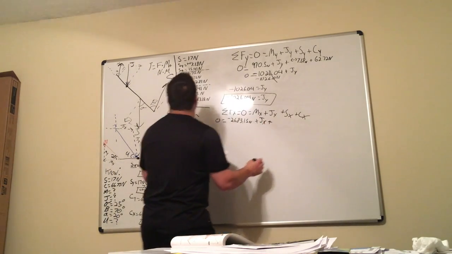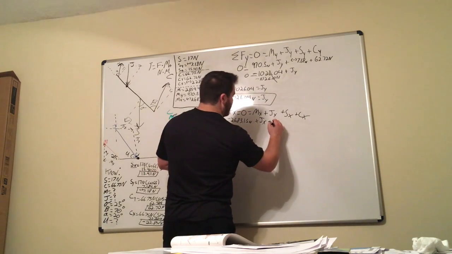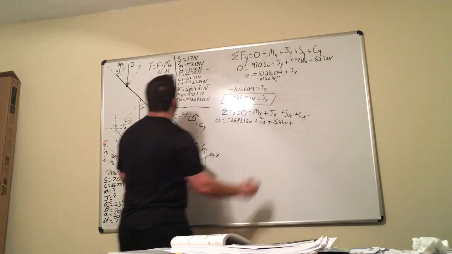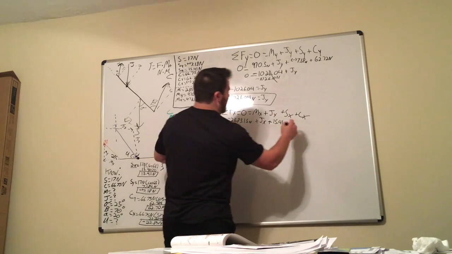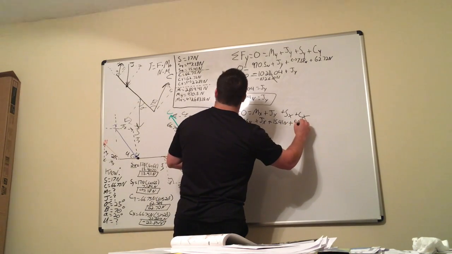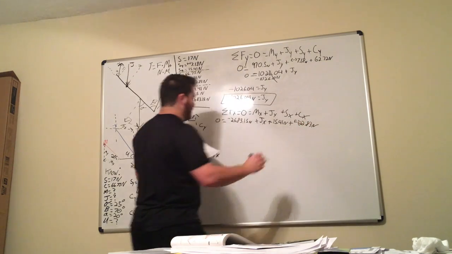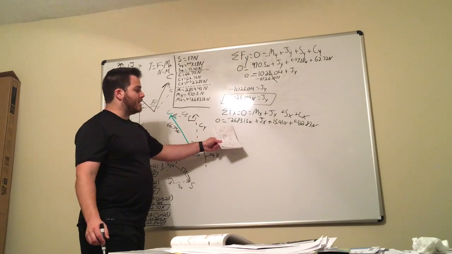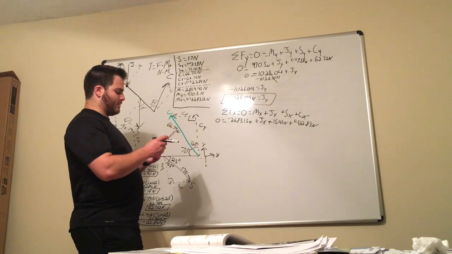Plus S of x, which is 15.41 newtons, and C of x is negative 22.83 newtons. So you add all these up, and remember you're adding a negative plus a positive plus a negative, just to make sure we're all clear.